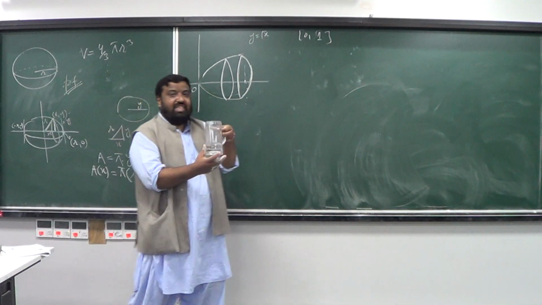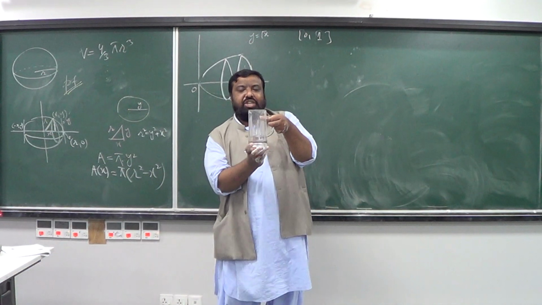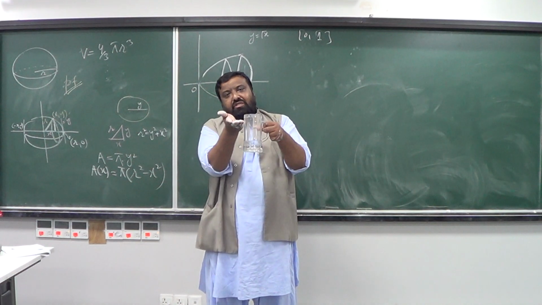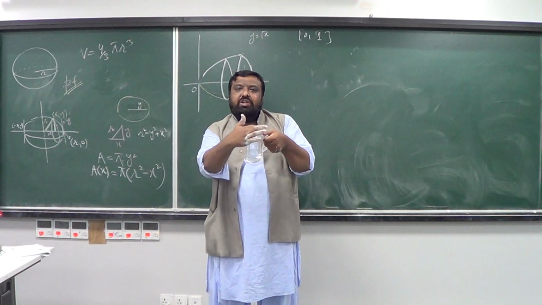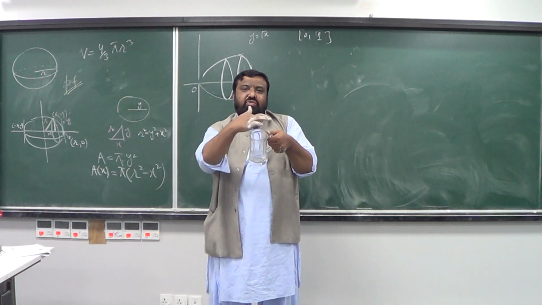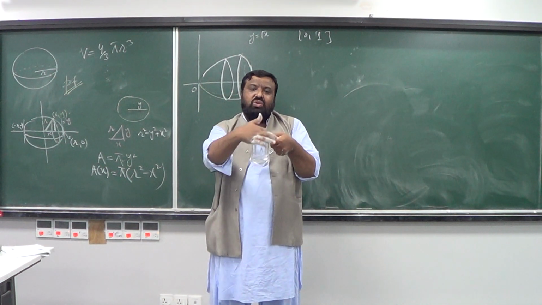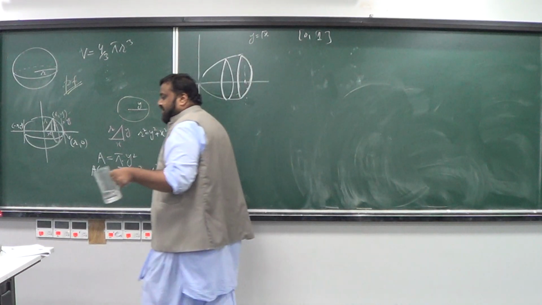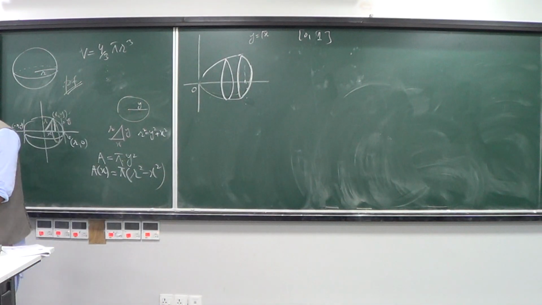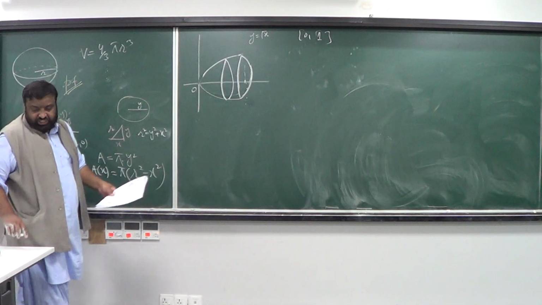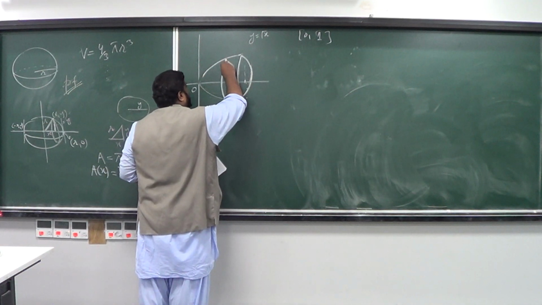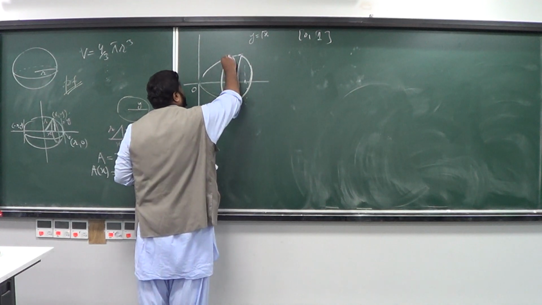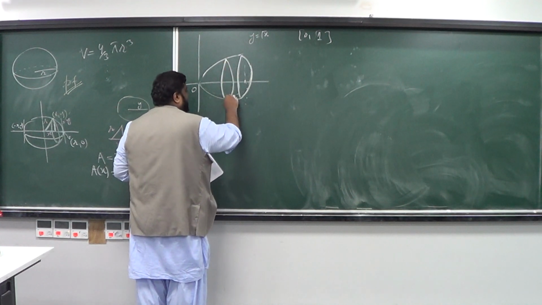Imagine this looks like a bowl. If I slice it from here and see the top view, the view of the top is going to look like a disc. So when you slice this bowl at a random point, it's going to look like a disc.